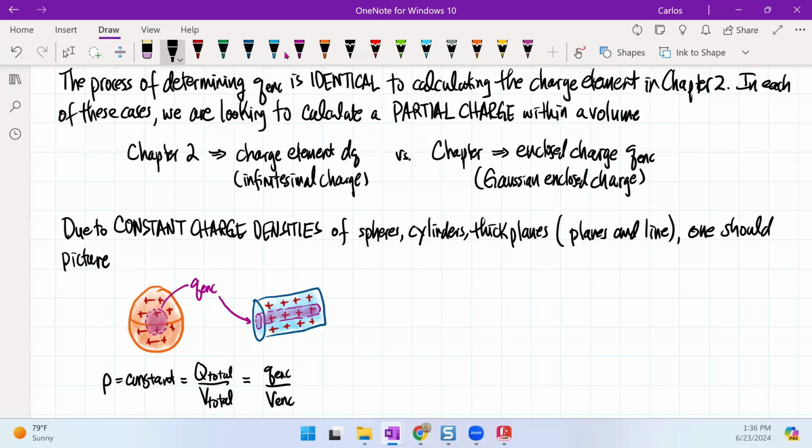Or we can look at a surface. Even though I'm going to draw this thing thick, it's not thick. Just to show you that it's a plane. And this plane is going to have a uniform charge.